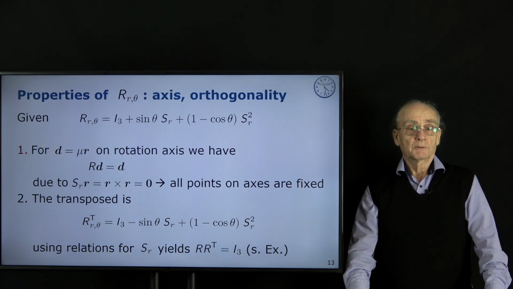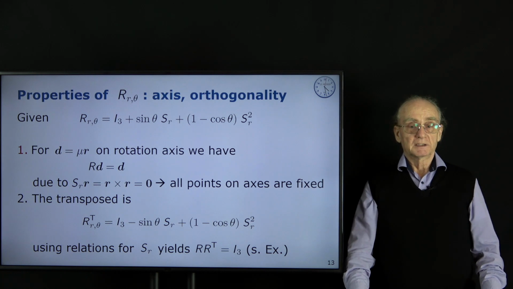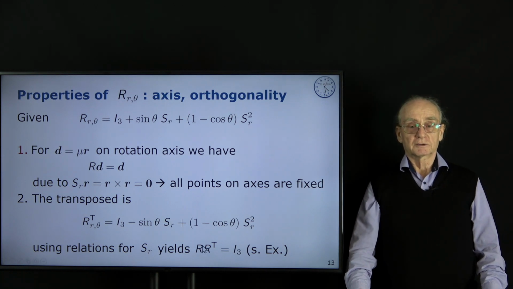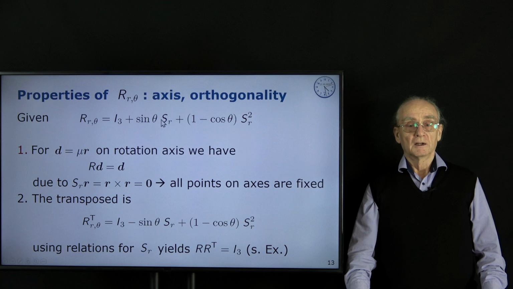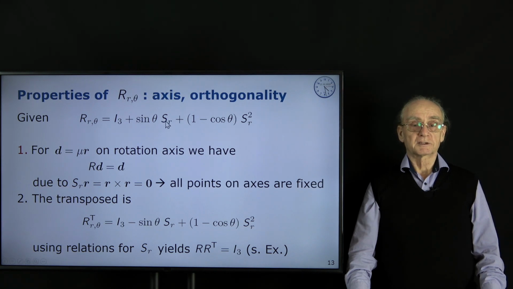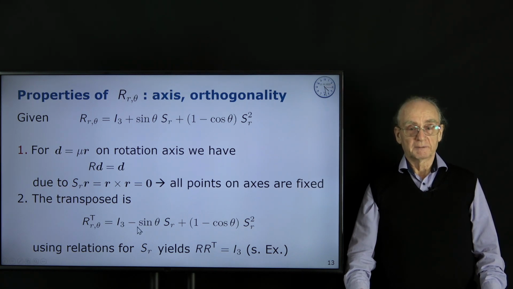The second thing we want to show or discuss is that R is a rotation matrix. That means if we multiply R with R transposed, we get the unit matrix. So we just have to look at what R transposed is. The unit matrix stays. The skew-symmetric matrix, if we transpose it, we get the negative matrix.